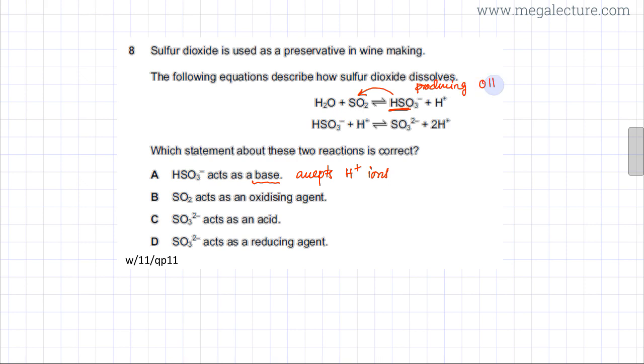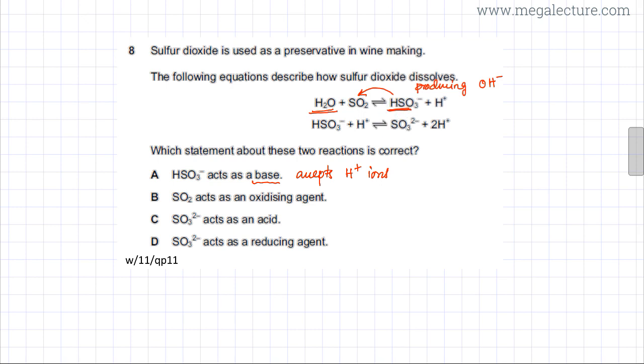Now, whenever a base produces OH ions, those OH ions accept H plus ions. So indirectly, anything that produces OH minus, according to Bronsted-Lowry, is also a base because it's capable of accepting H plus ion. So OH minus accepts H plus ion to produce a water molecule. So it's a neutralization reaction, and this is accepting an H plus.